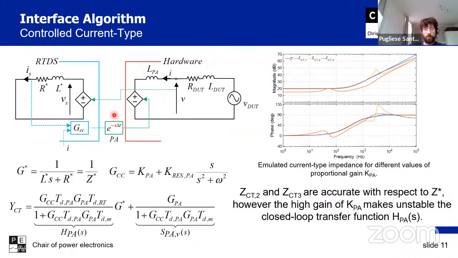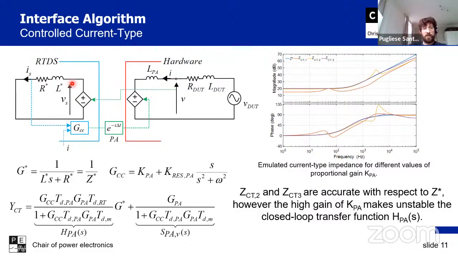Now I will not do all the calculation, but what I get is that, at the point of common coupling, I can write an equivalent representation of my interface algorithm and my plant, including all the delays and the controller involved, in terms of an admittance or an impedance, which was that ZRT, the equivalent modeling of my plant.